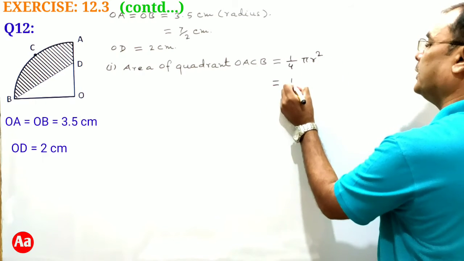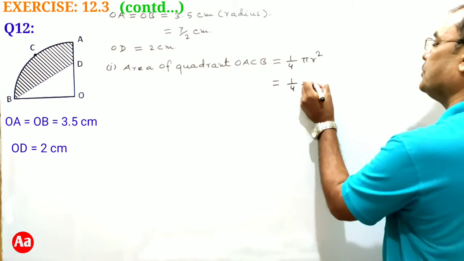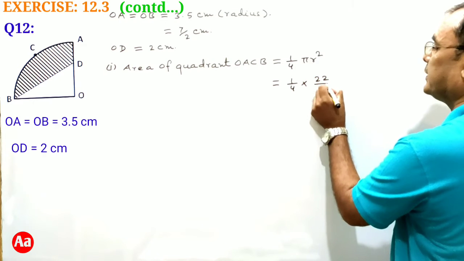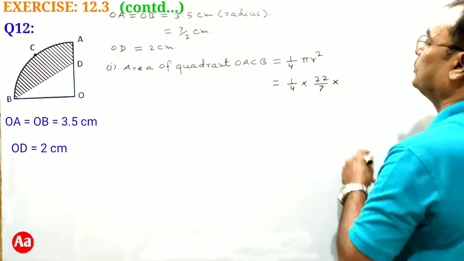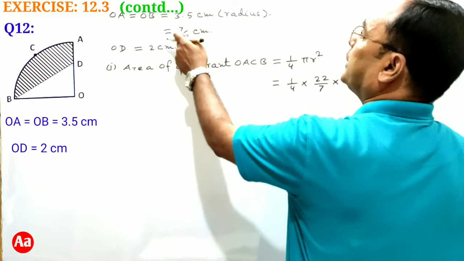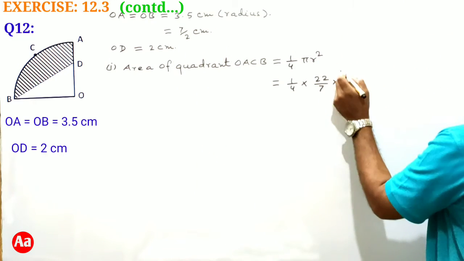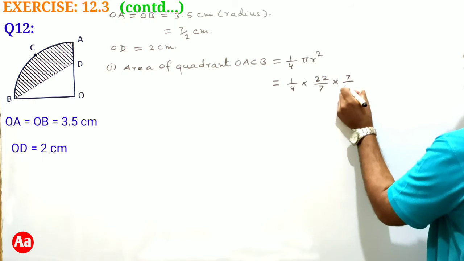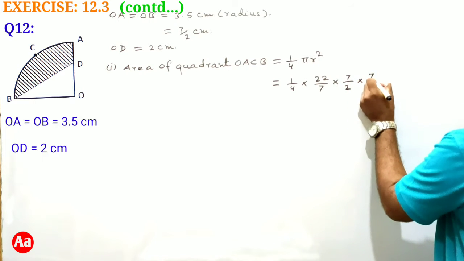This is 1 by 4 into 22 by 7 into r, and we are going to take 7 by 2 whole square, so 7 by 2 into 7 by 2.